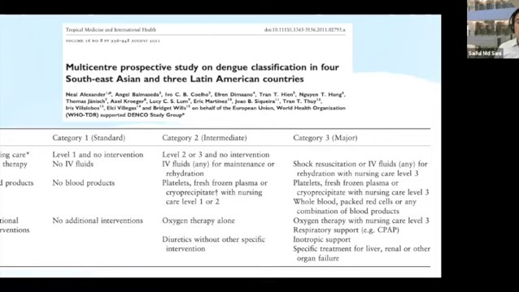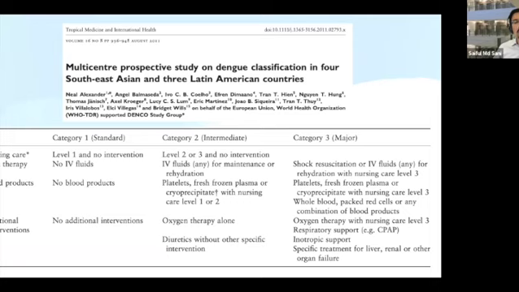The 1997 criteria divides dengue classification into two: dengue fever alone and dengue hemorrhagic fever with or without dengue shock syndrome. So there is a challenge, there is a dilemma. Which one do you use?